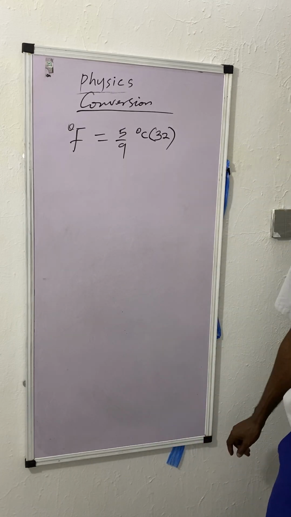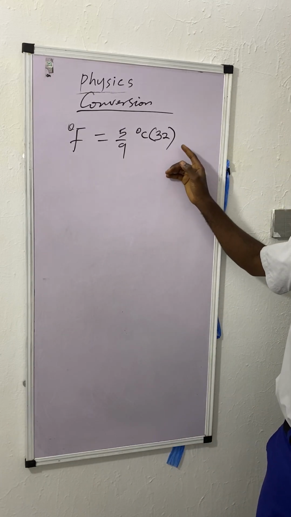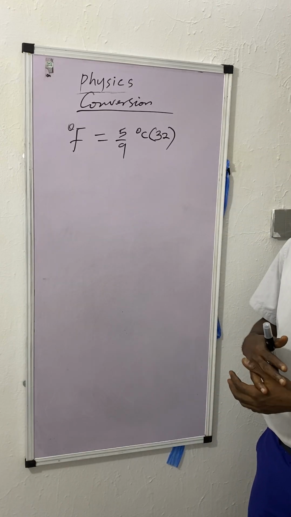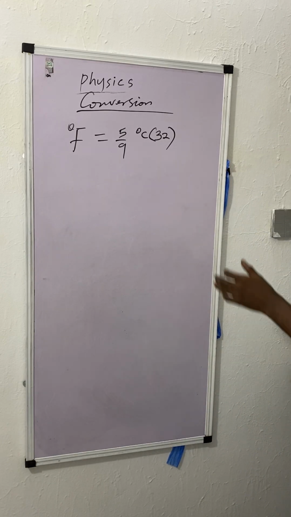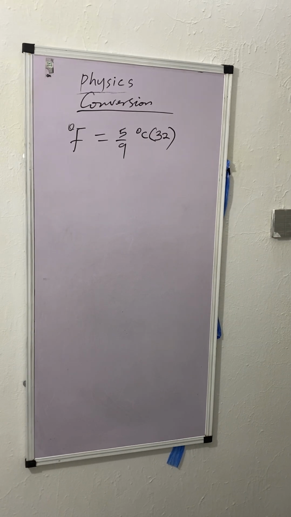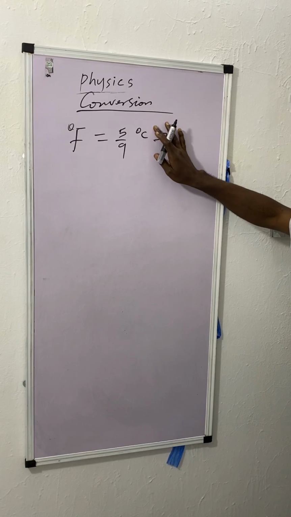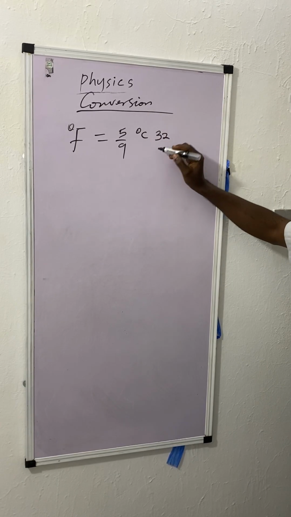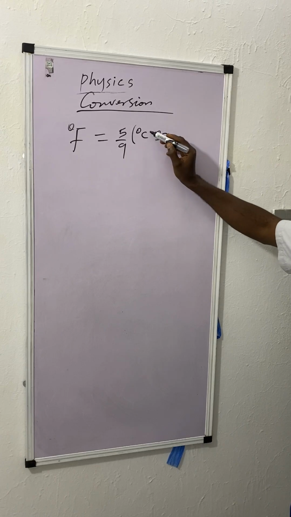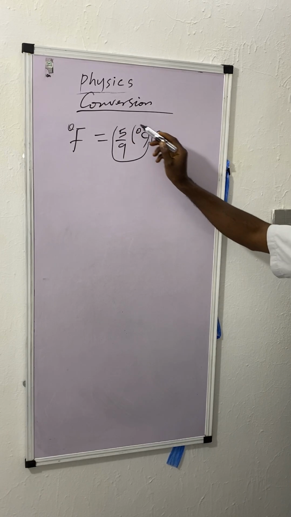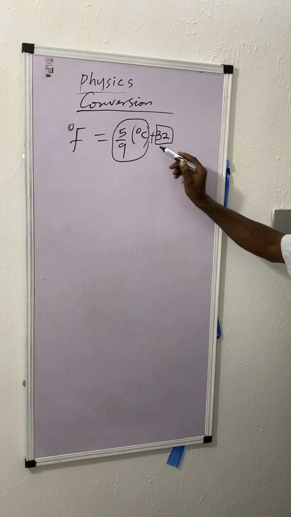Since we are converting to degree Fahrenheit, don't forget to apply BODMAS here. Remember, we plus because we are converting to Fahrenheit, and you know that Fahrenheit is usually bigger. So we put degree Celsius in brackets, then plus 32. Anything we solve from here, we add to 32 to get our answer.